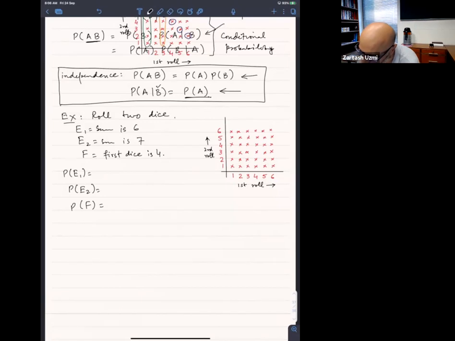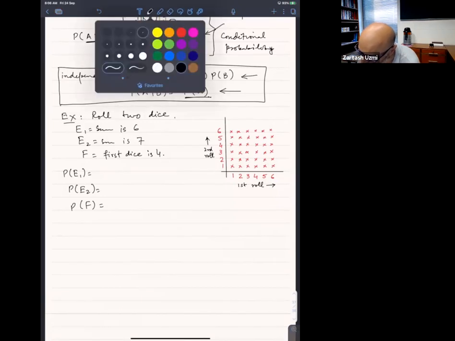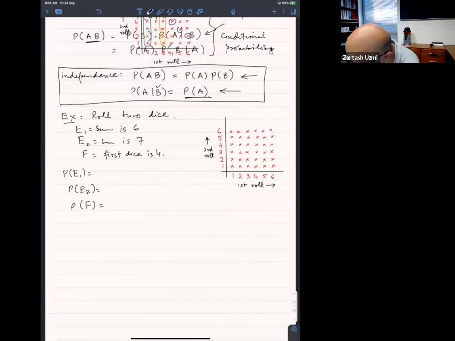Now, it would be easier to draw where the sum is 6. The sum is 6 here, here, here, here, here. So these are the points where the sum is 6. So what would be the probability of E1? 5/36. Thank you very much.